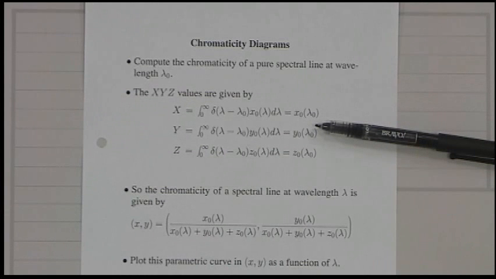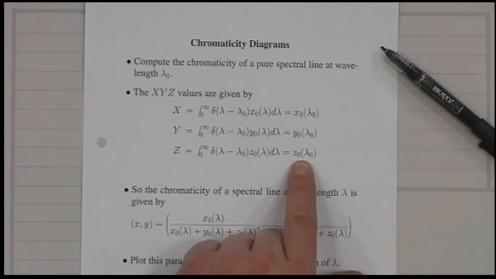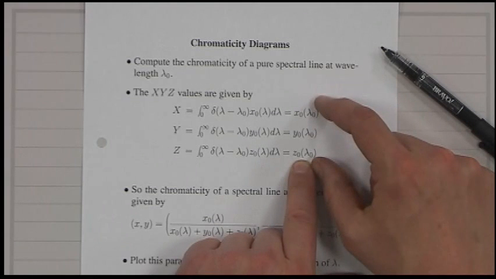So I can evaluate the color matching functions at each wavelength, and the relative proportion of X, Y, and Z is the color.